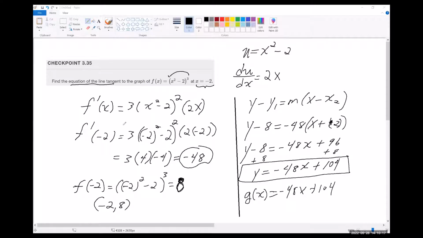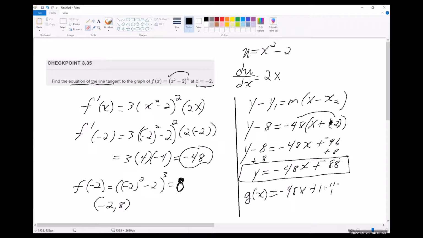So I went back and it looks like this 48 times 2 should have given me a minus 96, which then would have given me a minus 88. Minus 88.